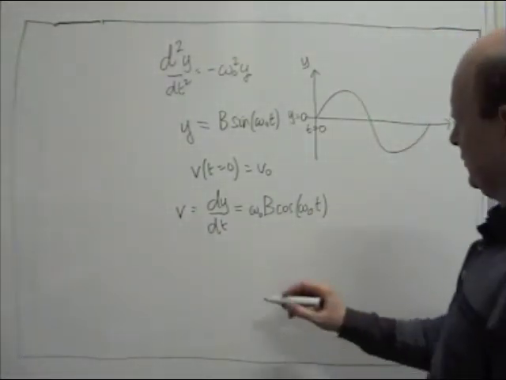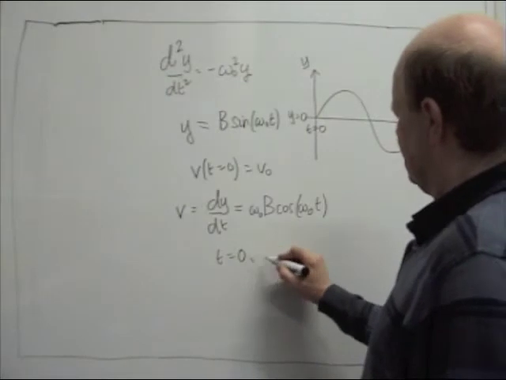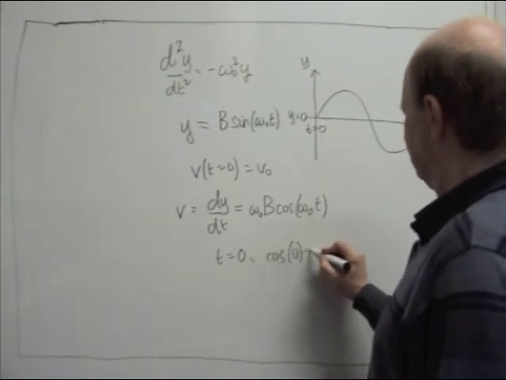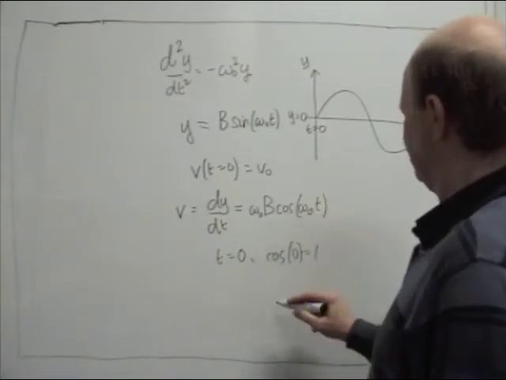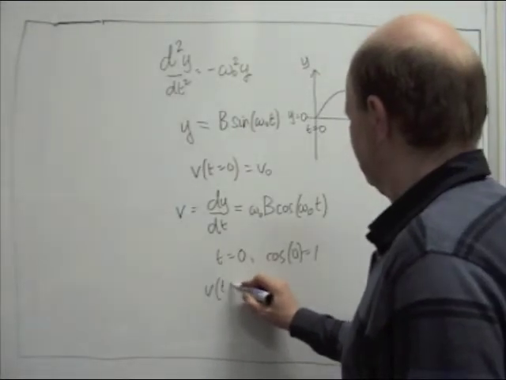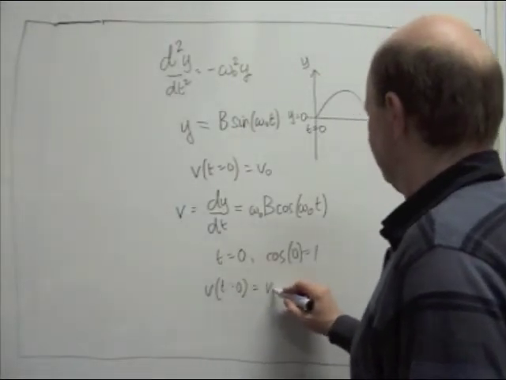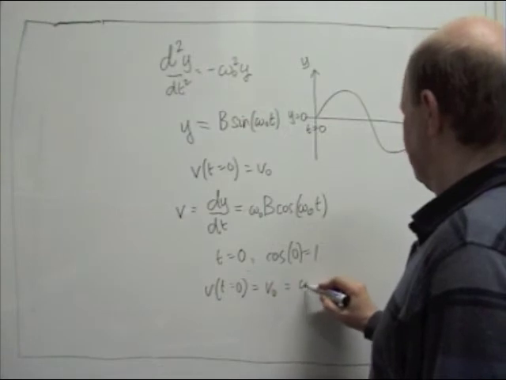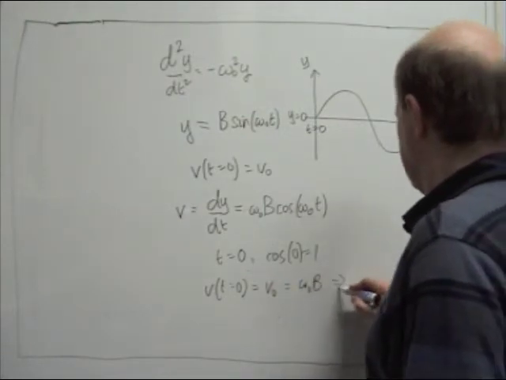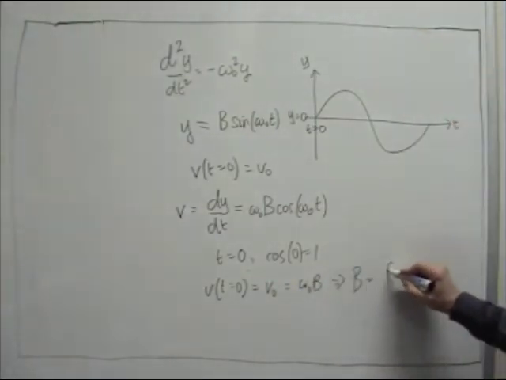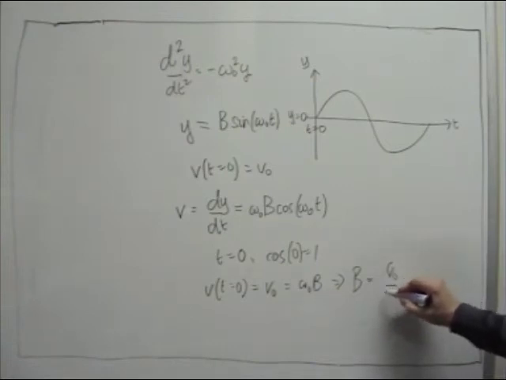And so if you're going to have t equals 0, the cos of 0 is 1, so the cosine becomes 1, and you have v at t equals 0, which equals v0, is equal to omega naught b, so that b equals v naught upon omega naught.